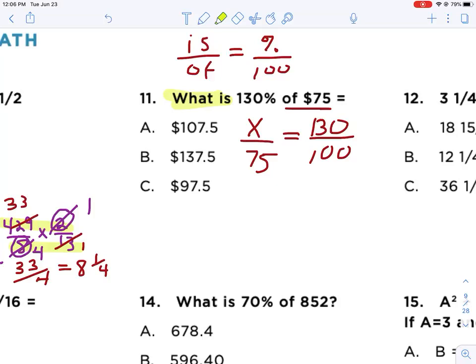Now, anytime you set up a proportion like this, it's pretty easy to solve. Just cross multiply and then divide by whatever number you didn't use. And so x is going to be 130 times 75 all over 100.